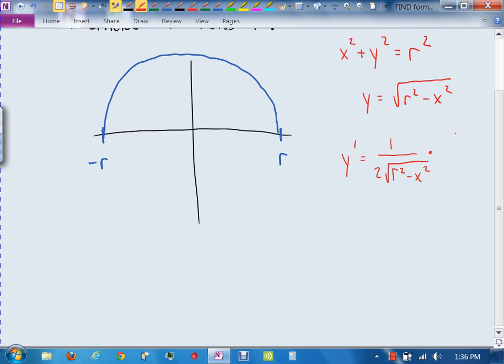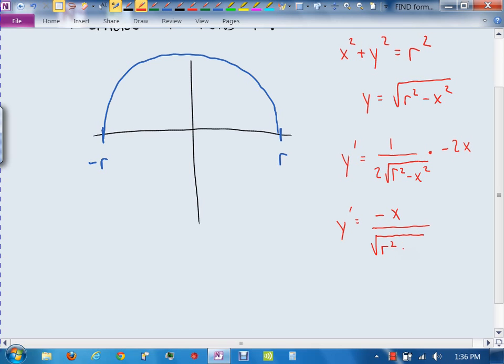R is a constant. The only variable here is the x. So what's the derivative of r squared minus x squared? Negative 2x. Which I can write as, let's cancel the 2's, negative x over square root of r squared minus x squared. Are there any questions on that?